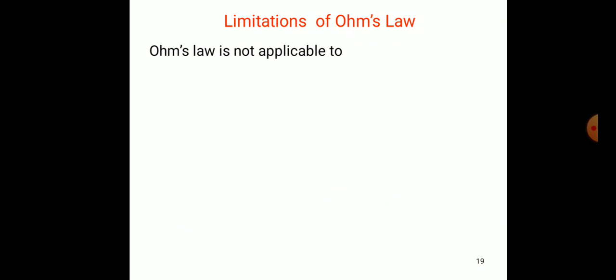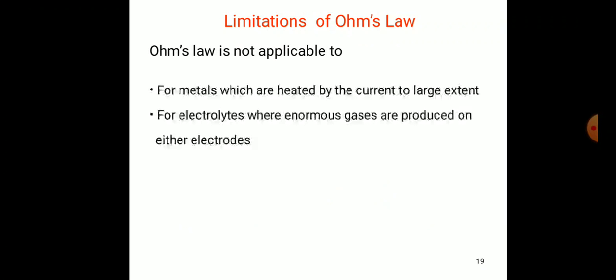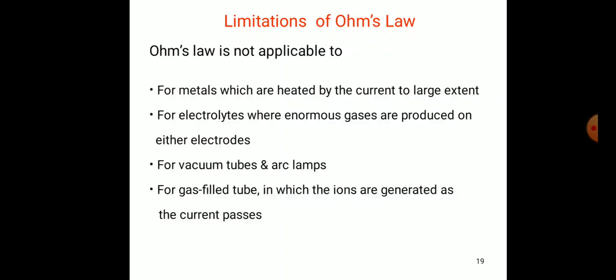So what are the limitations of Ohm's law? Ohm's law has some limitations. Some of them are: metals which are heated by the current to a large extent, electrolytes where enormous gases are produced on the electrodes, vacuum tubes, arc lamps, and gas-filled tubes in which ions are generated as the current passes.